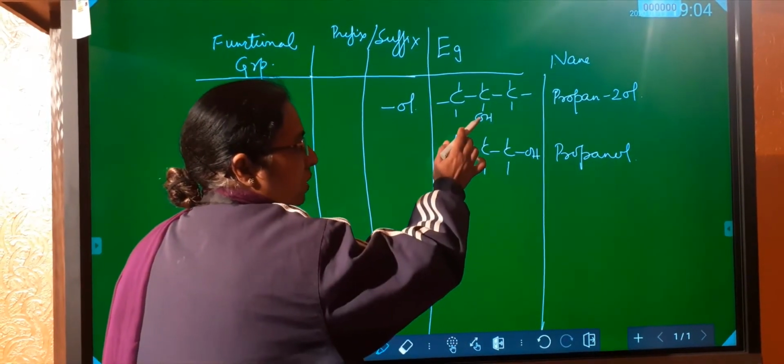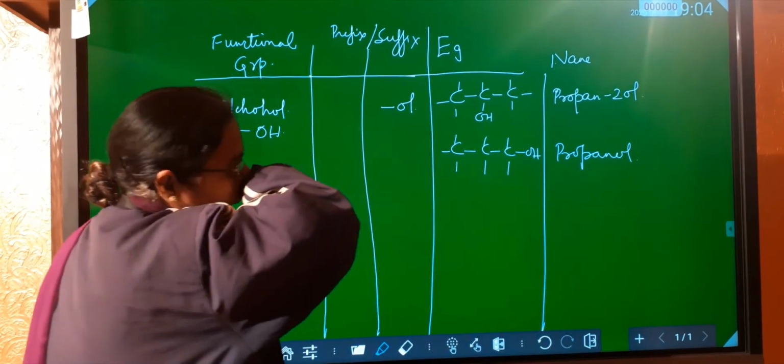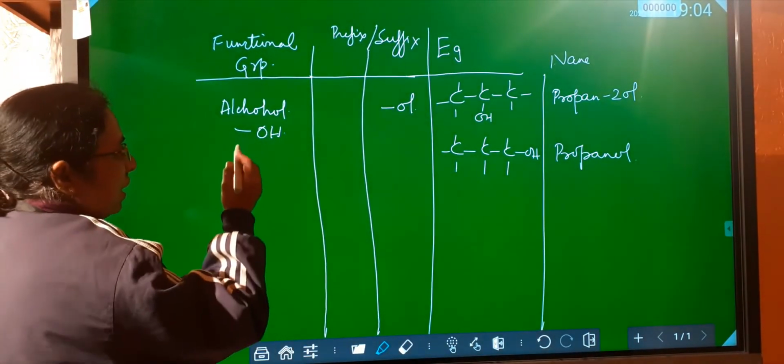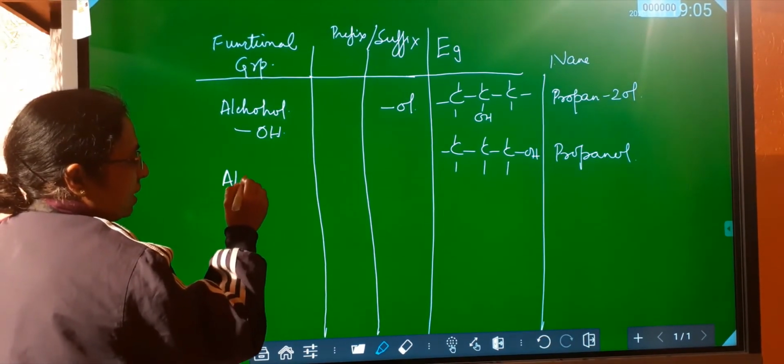Since here it is on the second carbon, we will be writing it as propan-2-ol. Alright, then after alcohol, say next functional group, let us see aldehyde.